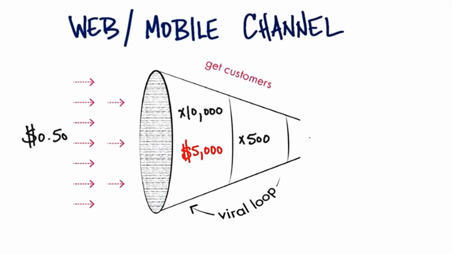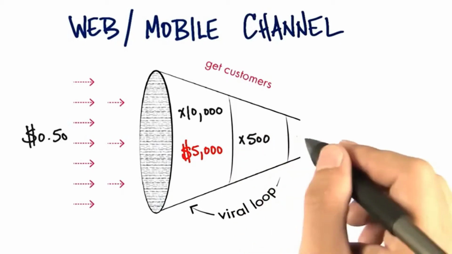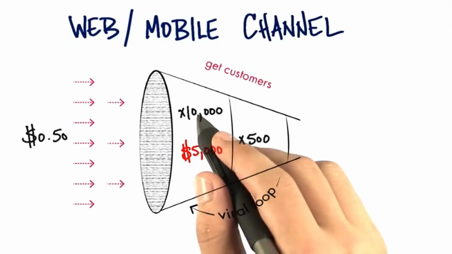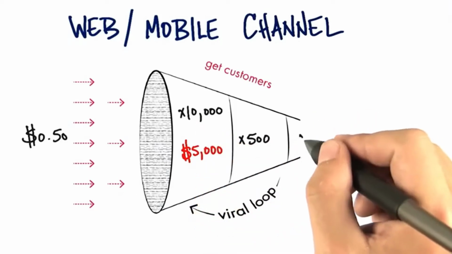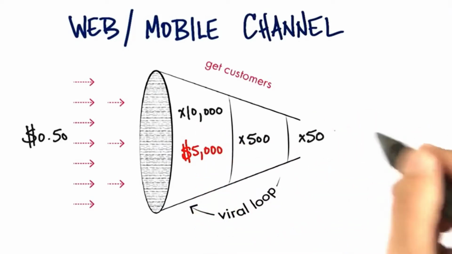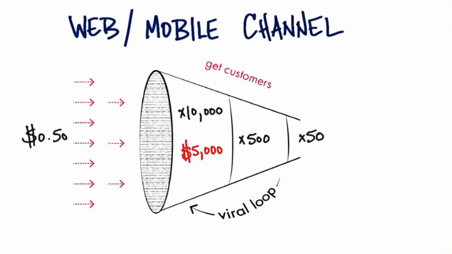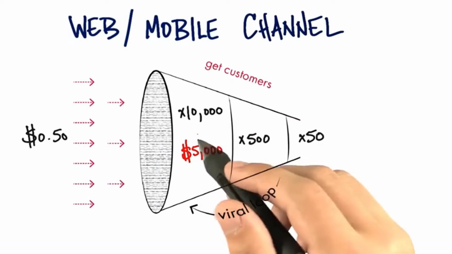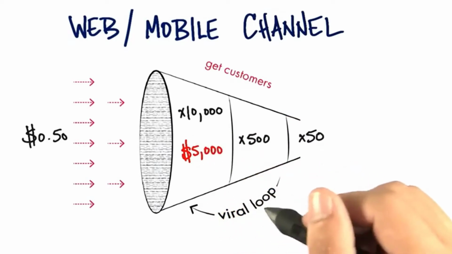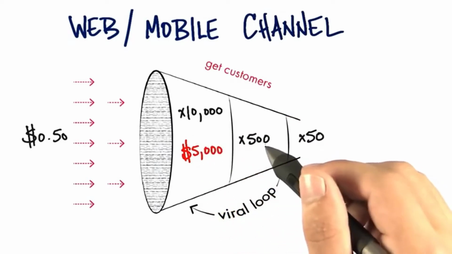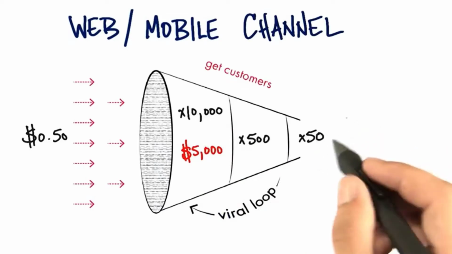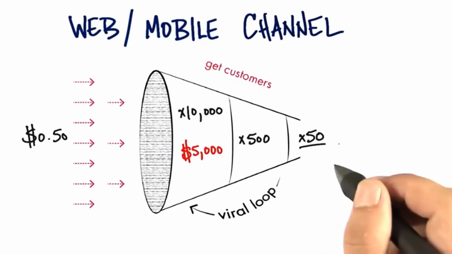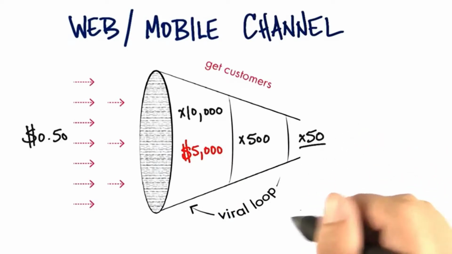But the goal is not to just have them use a freemium product. The goal is to actually have them pay for it. And what's interesting is, assume 10% of those now actually pay. So I'd start with 10,000 people who came to my site. I spent $5,000 for them. 500 people took a trial of the product, and only 50 actually paid for the full version of the product.